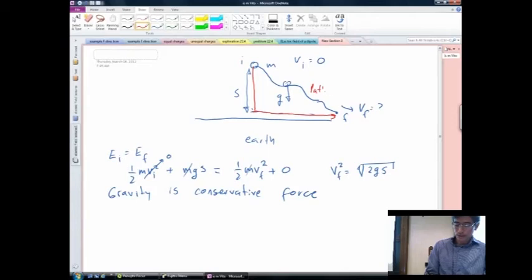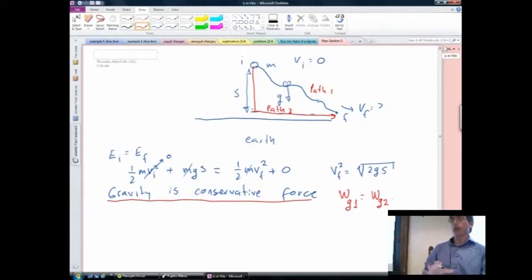If this is path 1 and this is path 2, the work done by gravity following path 1 and path 2 is the same, because gravity is a conservative force. That's the characteristic of a conservative force.